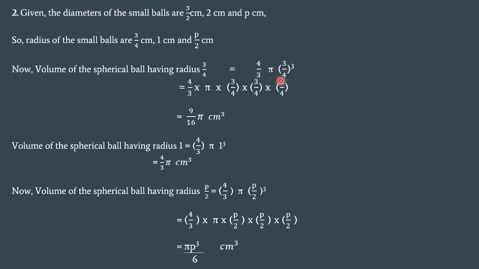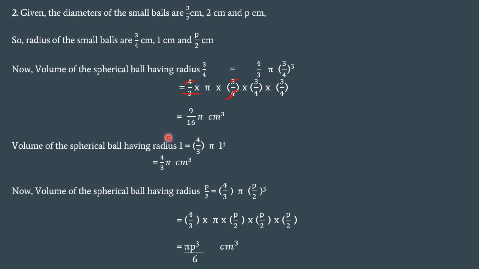So 4 by 3 into pi into 3 by 4 whole cube, which is 4 by 3 into pi into 3 by 4 into 3 by 4 into 3 by 4. Now 4 will get cancelled, 3 will get cancelled. So you will be left with 9 by 16 pi centimeter cube.